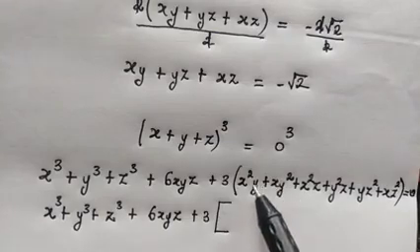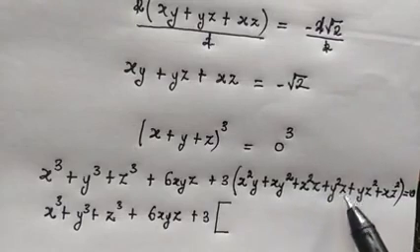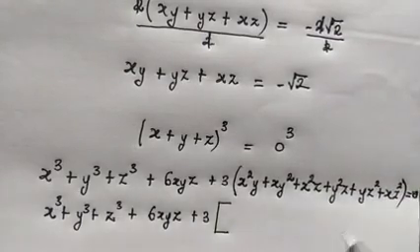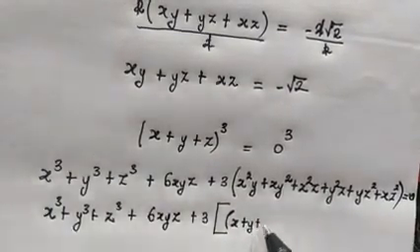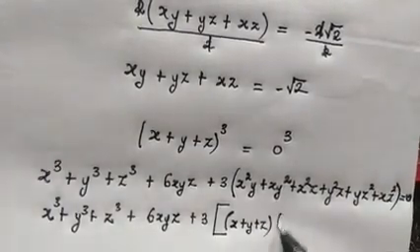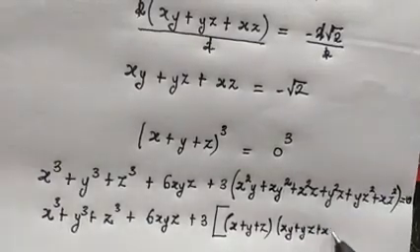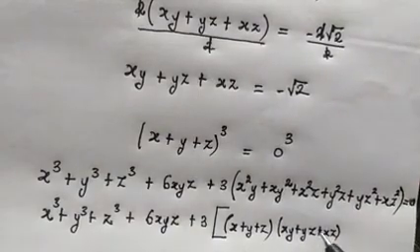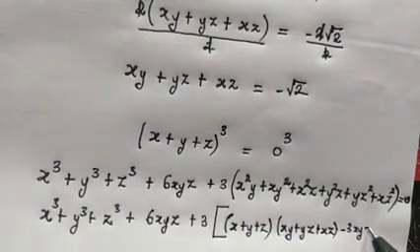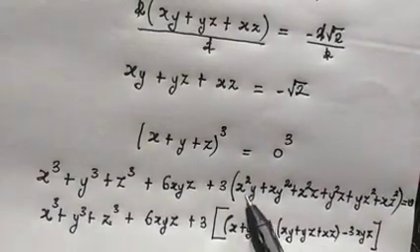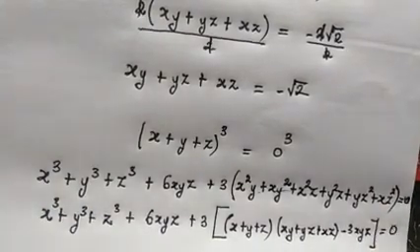Now, x squared y plus xy squared plus x squared z plus y squared z plus yz squared plus xz squared is obtained from the product of x plus y plus z and xy plus yz plus xz. So if you find this product, you will have to subtract 3xyz in order to get what is in this bracket. From here, this is equal to 0.